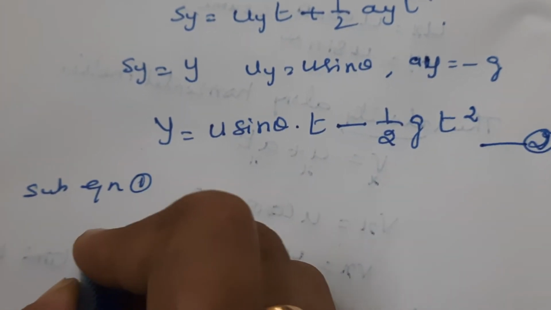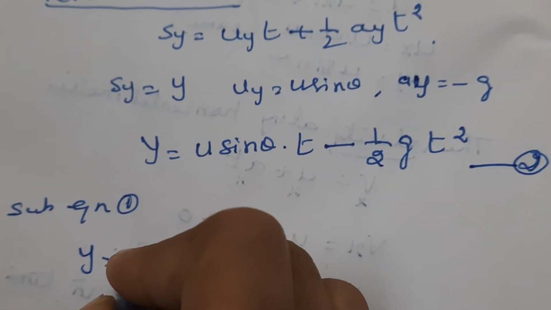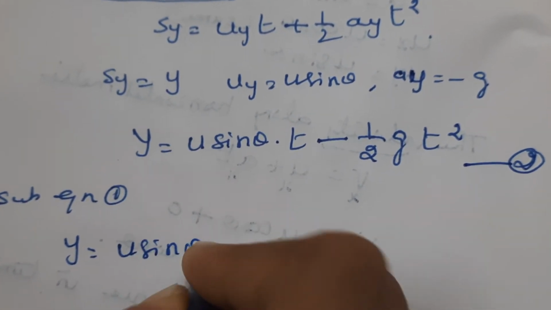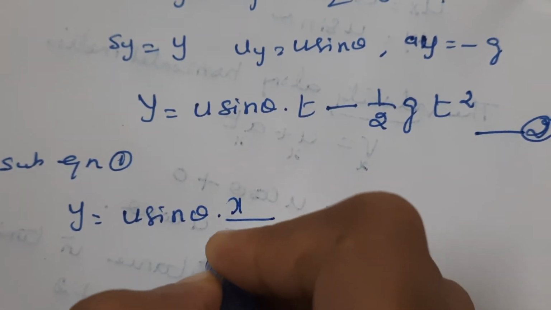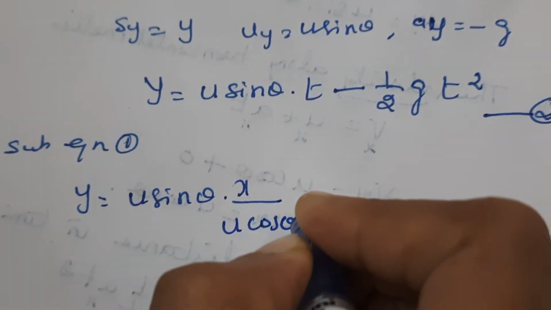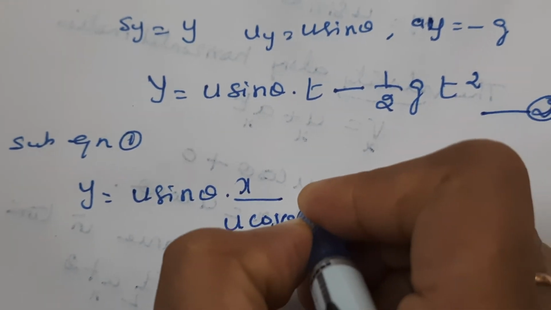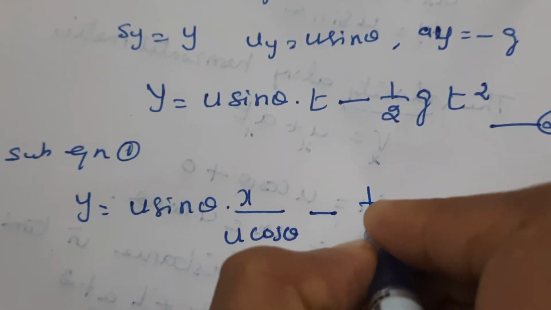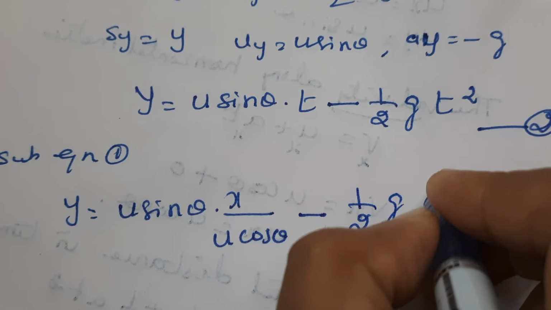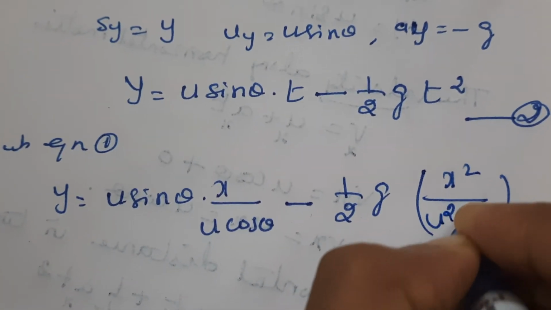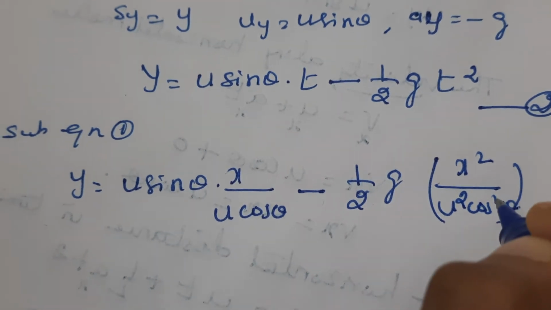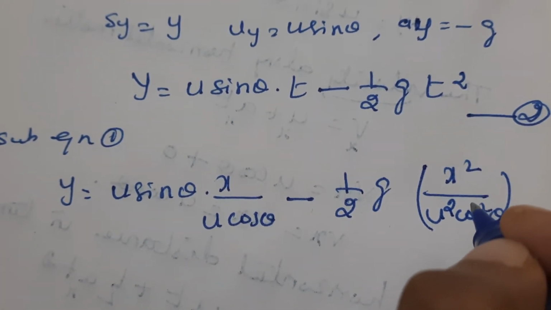So how can we write? y equal to u sin theta into what is t? t equal to x by u cos theta, minus half g t square. t square is x square by u square cos square theta.